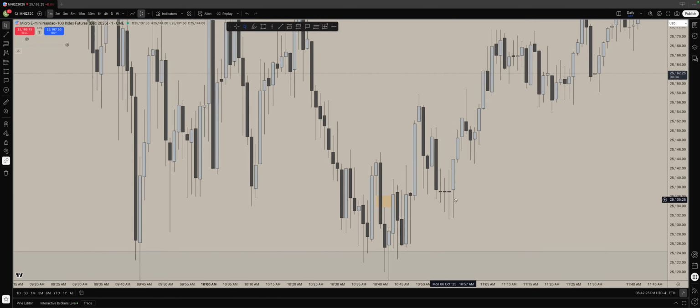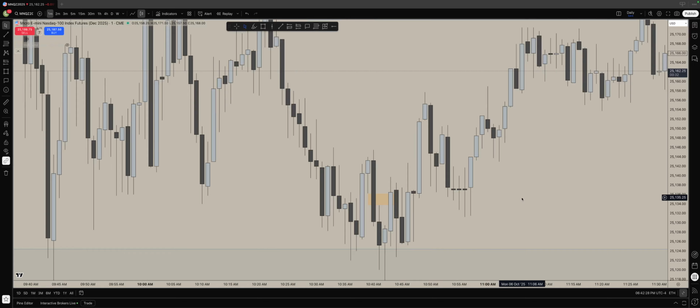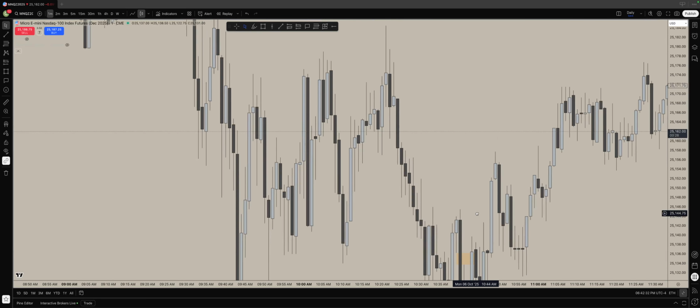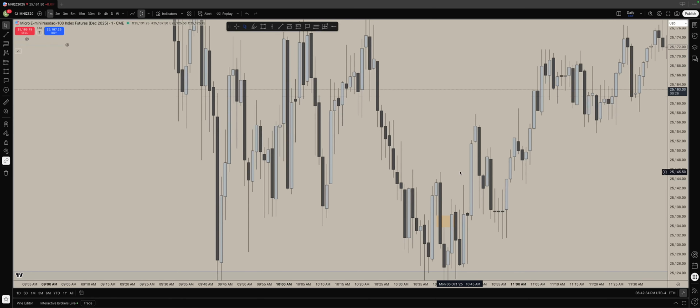I remember I pressed the button. I was like, oh shucks, am I going to be able to get in this? In any case, this would have been probably a break even trade. Because it didn't close above. I remember it closed inside, but it looks as though it did in fact close above, and I made the mistake.